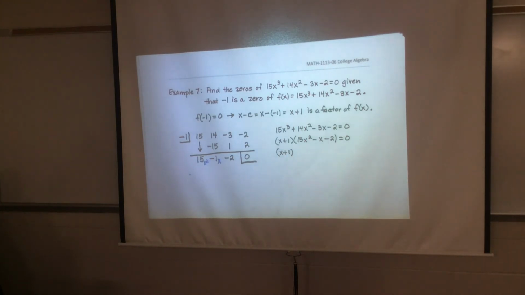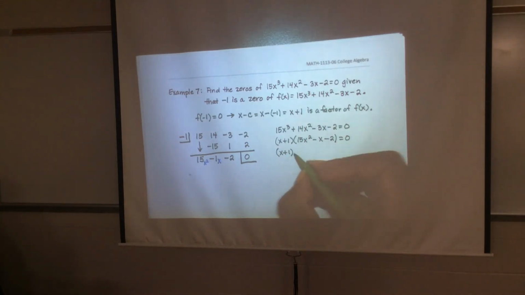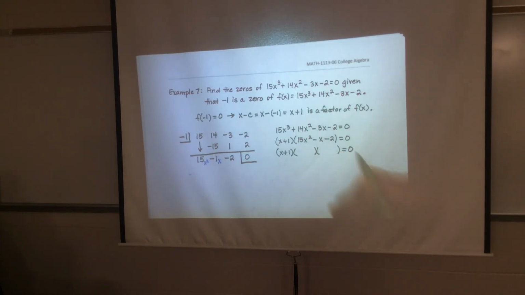Now that 15x squared minus x minus 2, I can factor that out into 2 binomials here. For the sake of time, I won't go into much detail on how to factor this out, but you're going to have to use factors like 3x and 5x for that. And the only factors of negative 2 will be negative 2 and 1. And I'm putting the plus 1 here and the minus 2 where the 5x is.